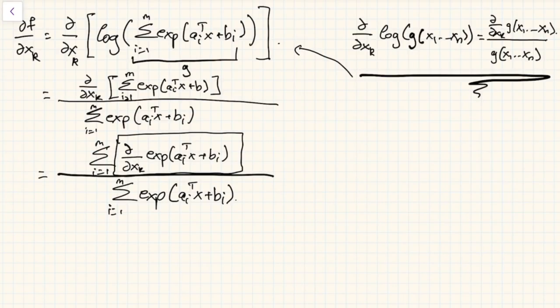This is really easy. Your exponential of ai transpose x plus bi actually looks like this. If you expand it, it is exponential of ai1, so ai1 is the first element of vector ai, times x1 all the way down to ain xn plus bi.